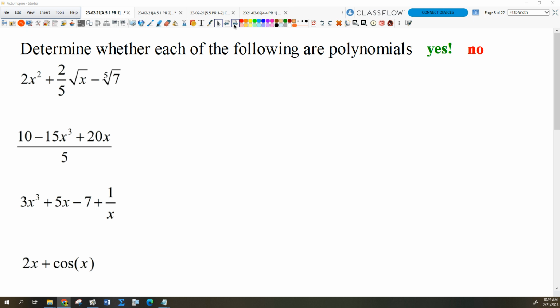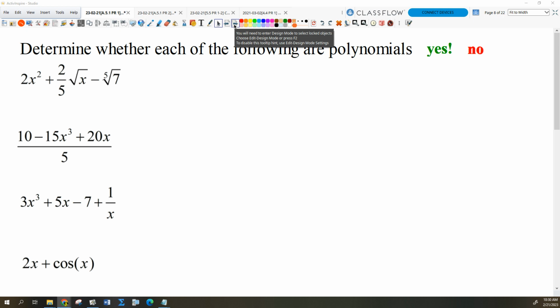Yeah, square root of x. We can't have variables inside square roots. That does not look like a polynomial, right? Polynomials consist of real number coefficients, and that is a real number coefficient. That's fine, right? The numbers that are out in front of the variables or the constant just have to be real numbers. But then all of the variable pieces, they all have to be what we call power functions.